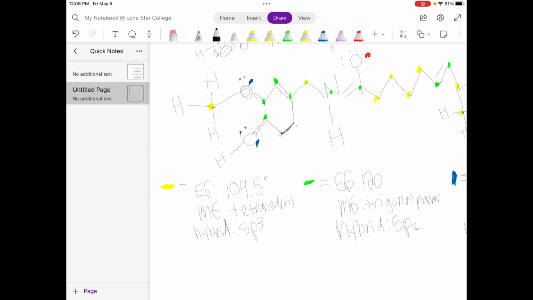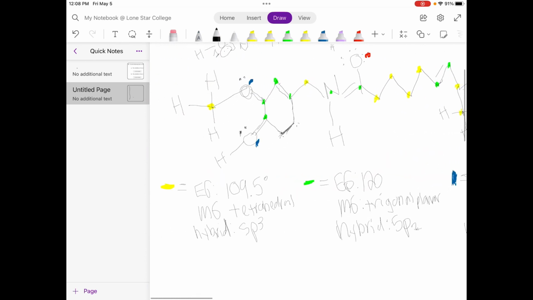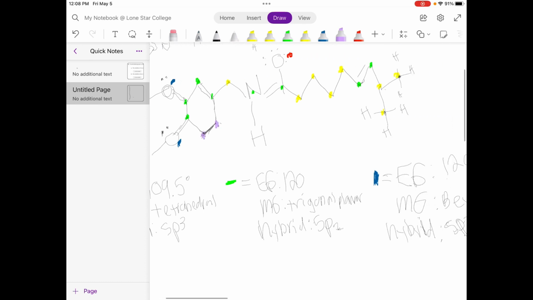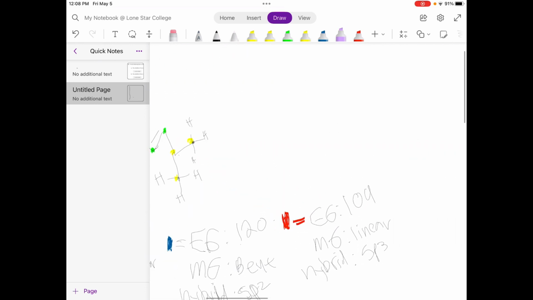And there is a lone pair right here. Okay, 1, 2, 1, 2, 3. 3 shared atoms, 1 lone pair. This is a trigonal pyramid. These both are trigonal pyramids. Okay. Write that off to this side right here.